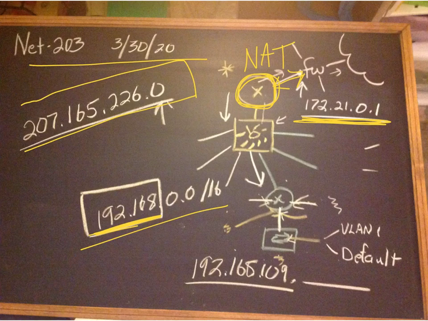I should make note here that there are actually some devices in between before it hits the firewall. And then here's our multi-layered switch, which then distributes out to each of the networks.